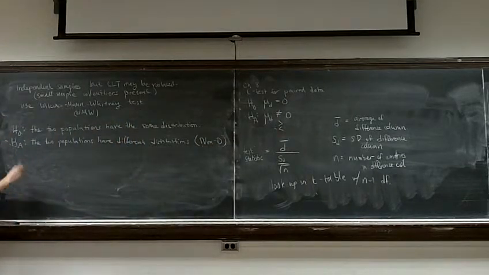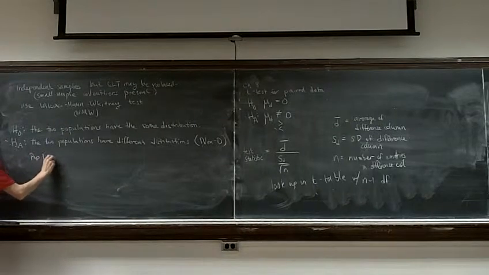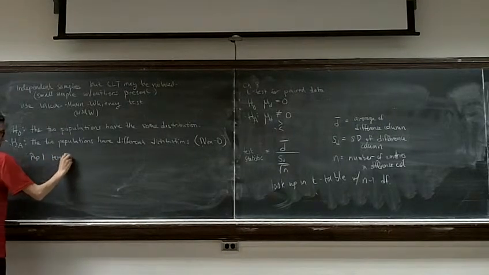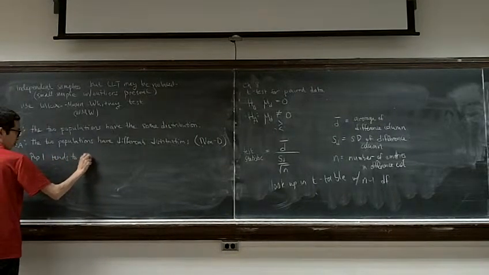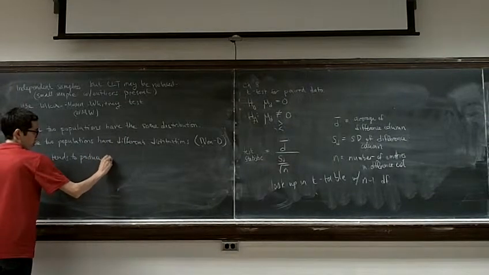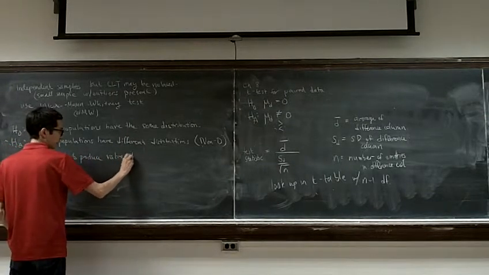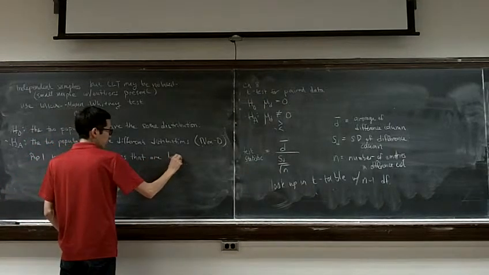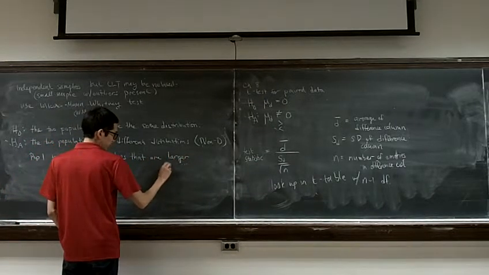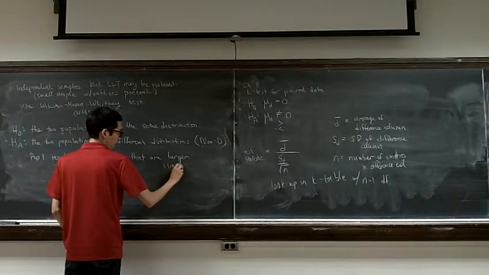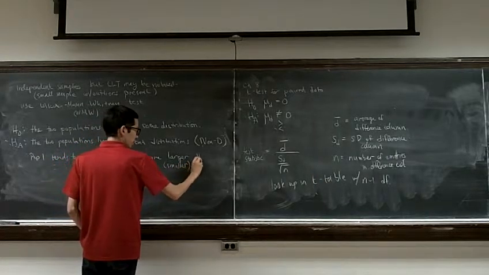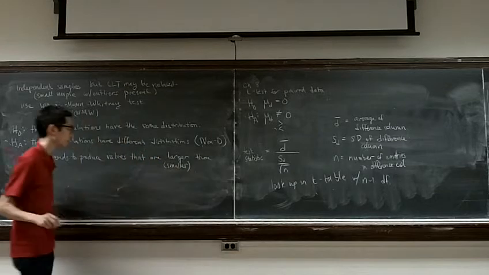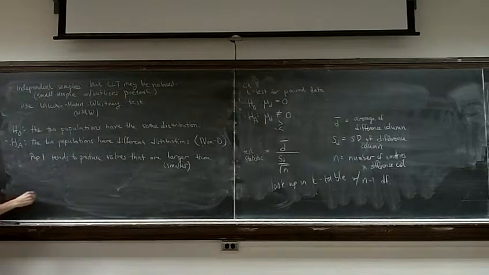Non-directional, whereas the directional would be, you know, population 1 tends to produce values that are larger or smaller than population 2.